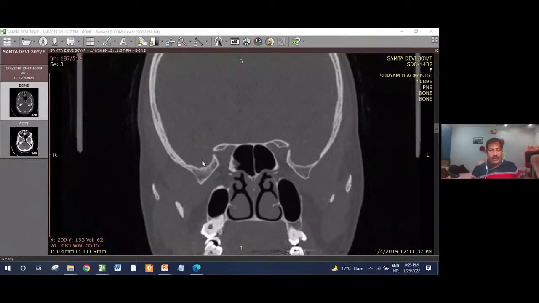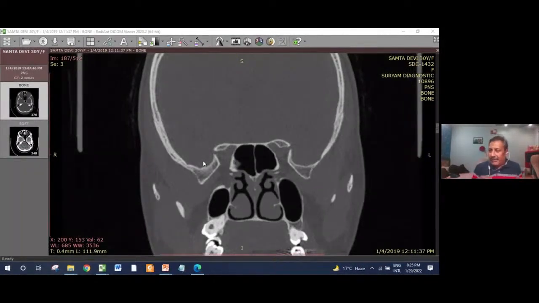The sphenoid is very important to understand anatomically for the skull base surgeons, because endoscopic skull base surgery has established itself for many pathologies, not only paranasal sinus pathology, not only skull base pathology, but many of the intracranial lesions. This endoscopic approach has become a standard of care now because of its distinct advantages.